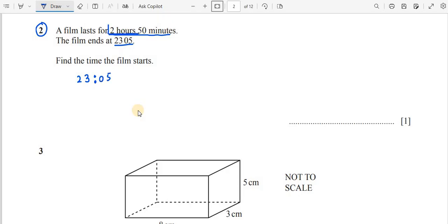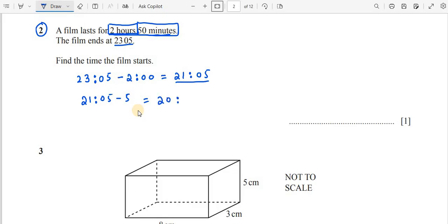First we subtract only 2 hours, so 23 minus 2 is 21 hours 5 minutes. Now from this we subtract 50 minutes, so 21 hours 5 minutes minus 50 minutes equals 20 hours 15 minutes. So the final answer is 20 hours 15 minutes.